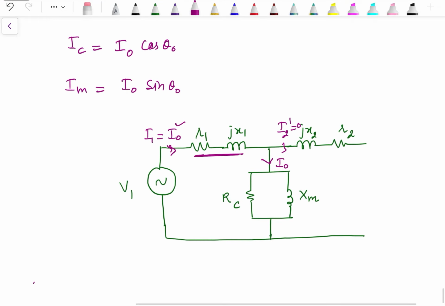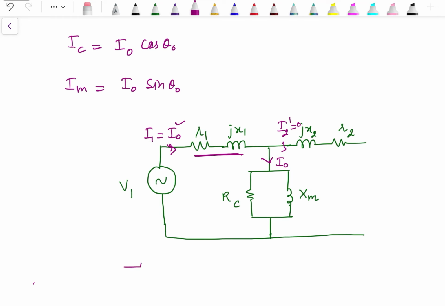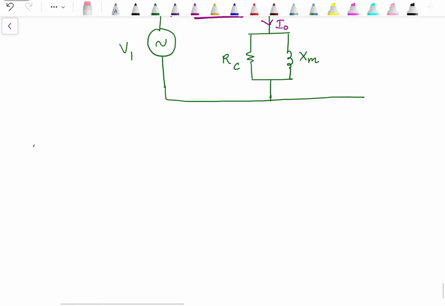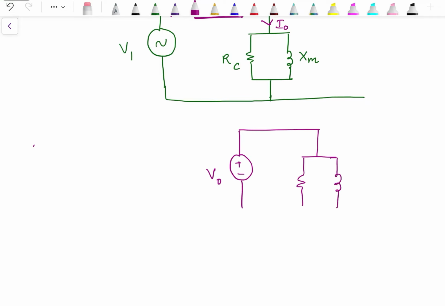Now since this current is very small, the drop across R1 and jX1 can be neglected. So when we neglect this, this equivalent circuit will get modified to this. This is the no load applied voltage, and we have a shunt branch over here, RC and XM. The current over here is I naught, IC and IM.